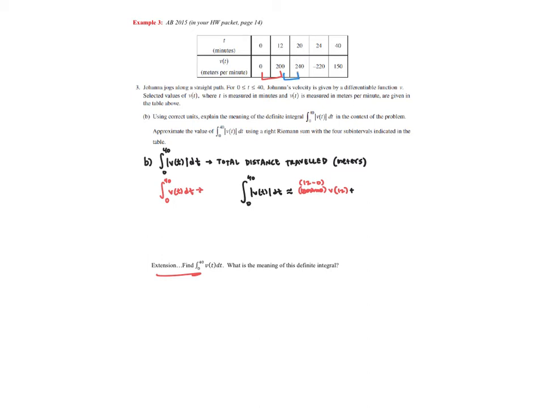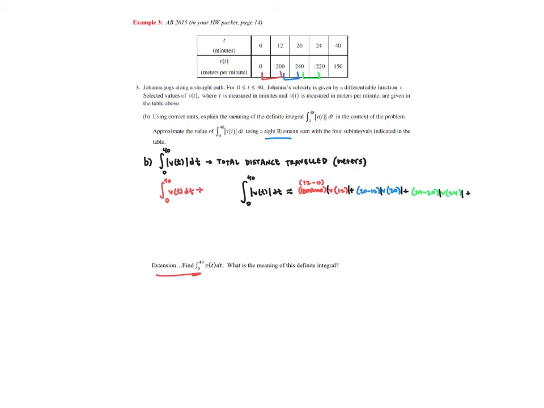Then we're going to go from 12 to 20, so that's 20 minus 12 times v of 20. We're doing a right Riemann sum. Third interval, 20 to 24: 24 minus 20, which is 4, times v of 24. I should be careful here. This is the absolute value of each of these velocities, which only changes the velocity of the third interval.